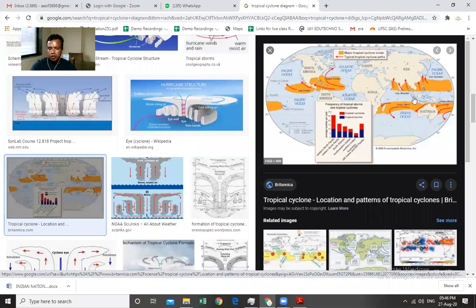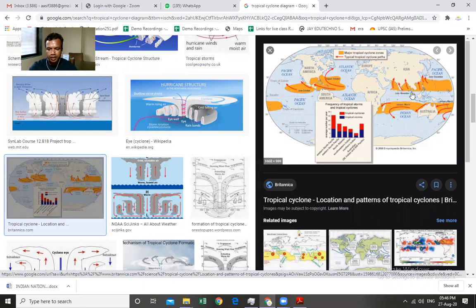So normally tropical cyclones are created over the ocean, and when they reach the land mass, the continent, or the land surface, the tropical cyclones dissipate. Why do tropical cyclones dissipate?